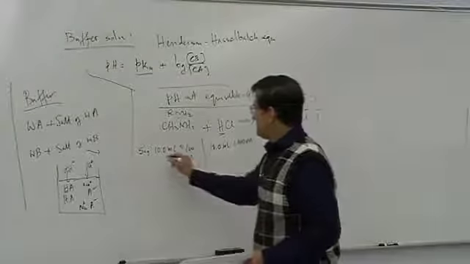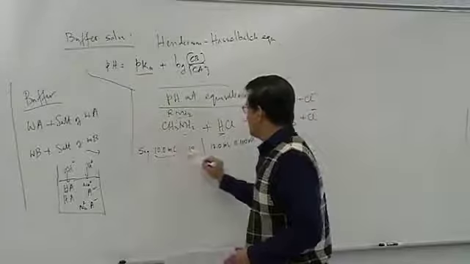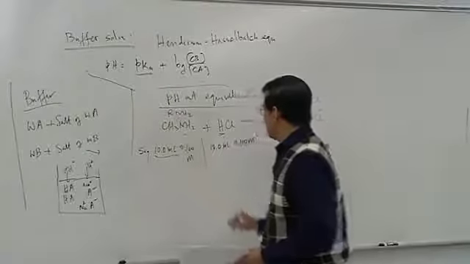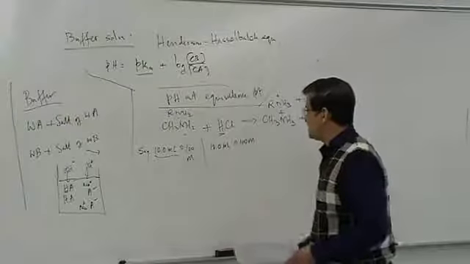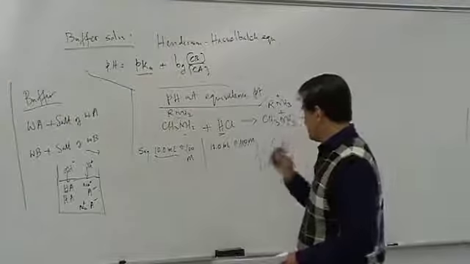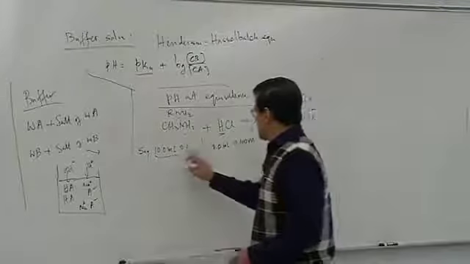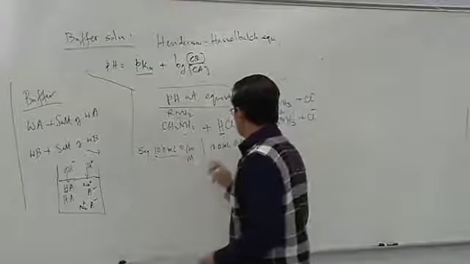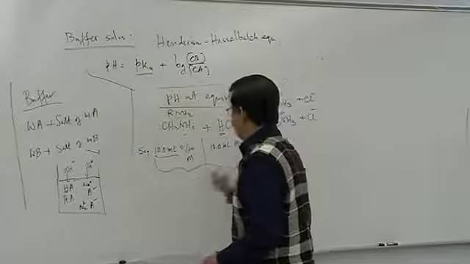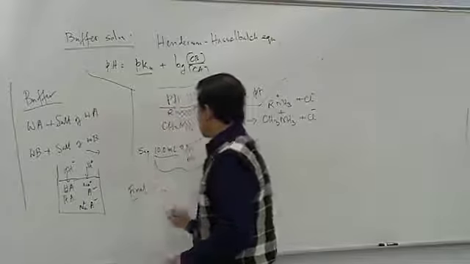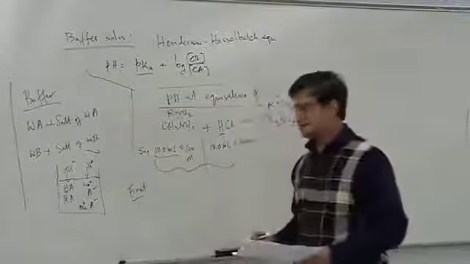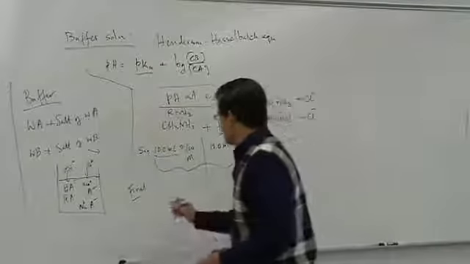So if I have 10 ml of 0.1 molar methylamine, I would need 10 ml of 0.1 molar HCl to completely neutralize this. My total volume is going to be double. 10 plus 10 is 20. So in my final solution, let's assume that they didn't have a chance to react. The final volume is now 20 ml.